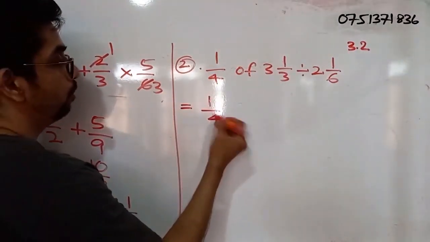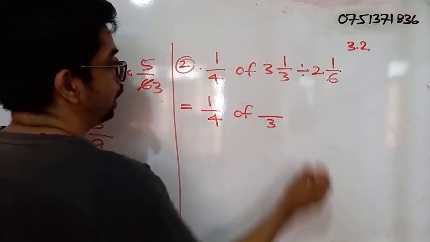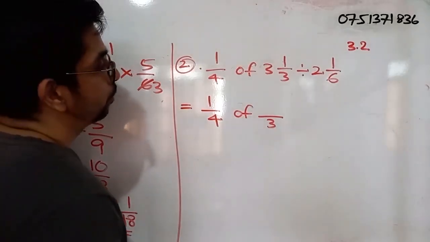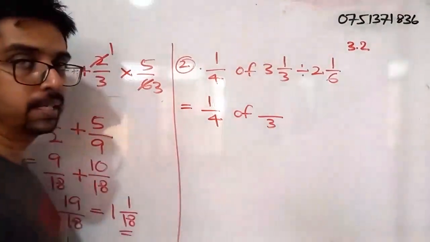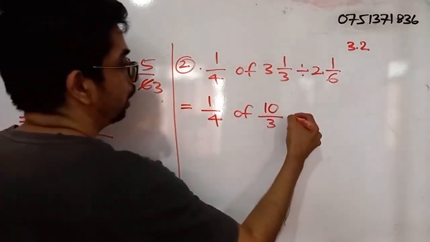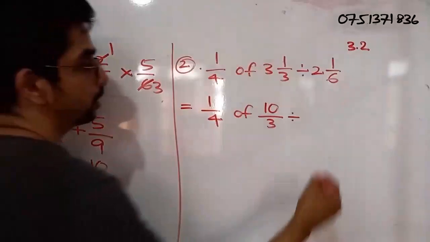So 1/4 of, here the denominator will be 3. And what will be the numerator? 3 times 3, that is 9. Add a 1, it becomes a 10.